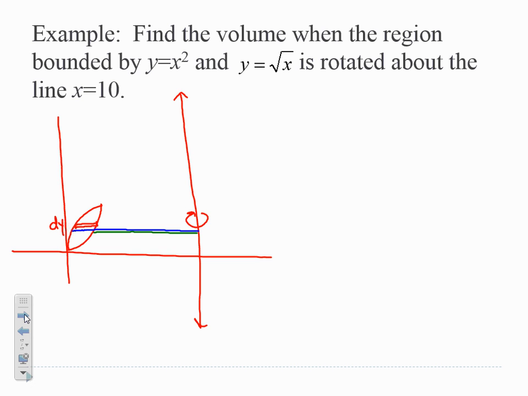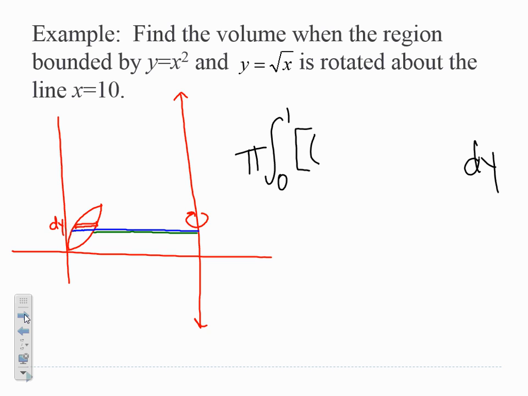So when we set this up, our limit of integration is still 0 to 1. The height of all of these washers is still dy. Let's talk about our outer radius. Which one is larger? The y squared. How about this, green or blue? Blue. Right minus left.